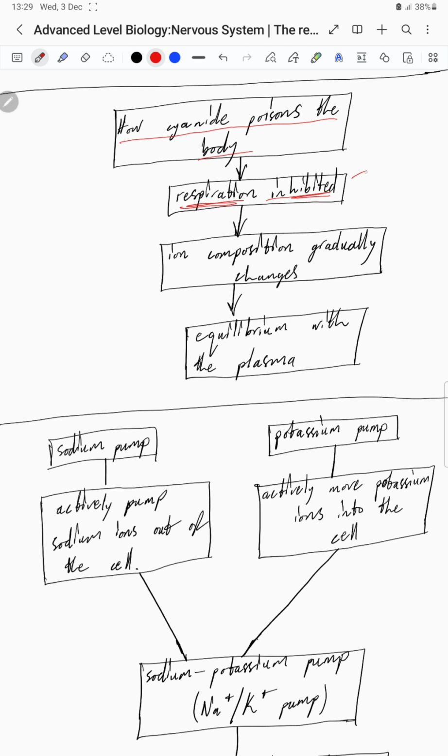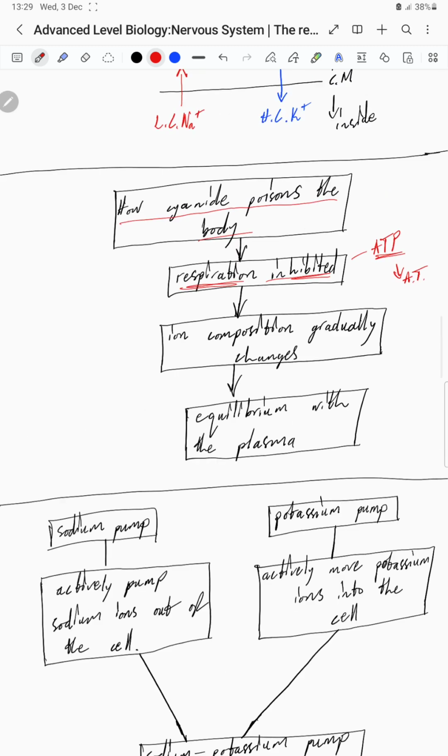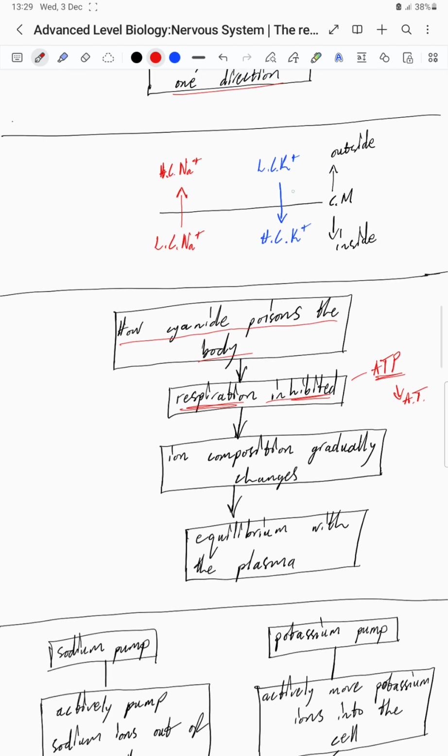By blocking that, they prevent the manufacturing of ATP. And we said ATP is used by active transport. So that means on the membrane there will no longer be this active transport which we were talking about.